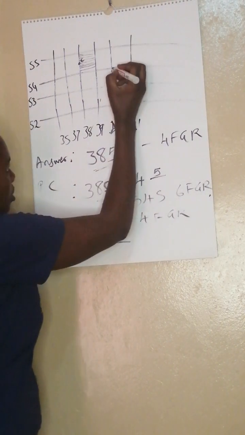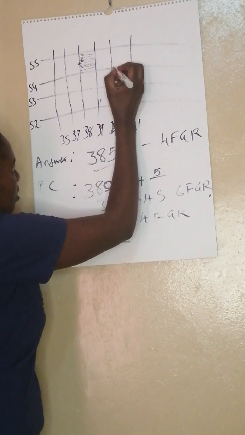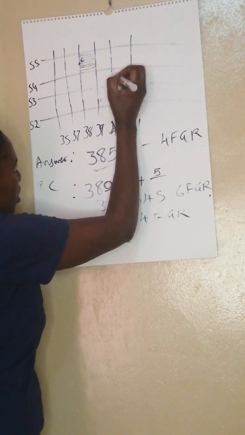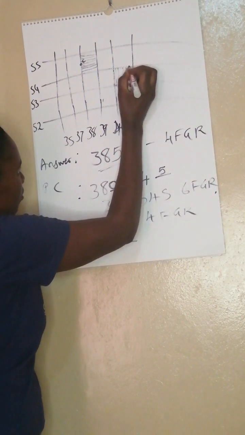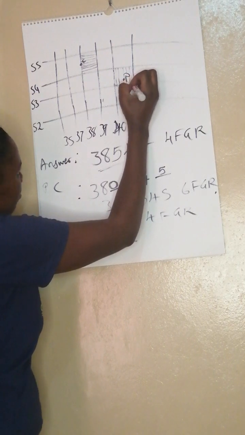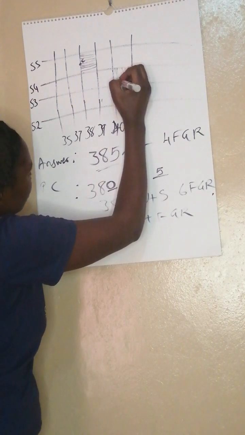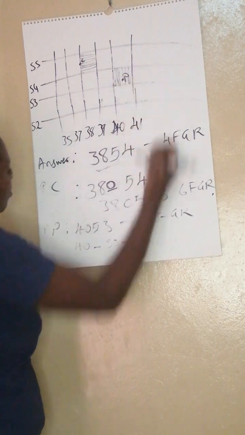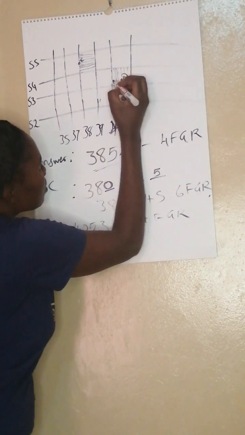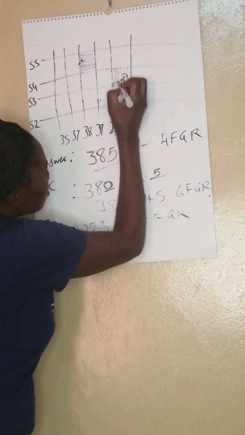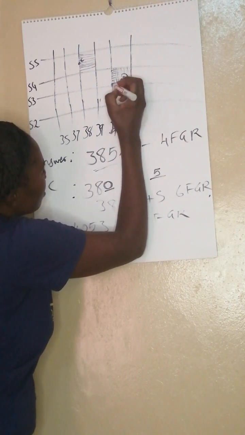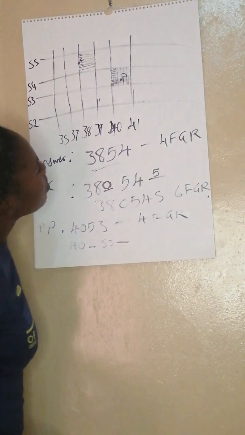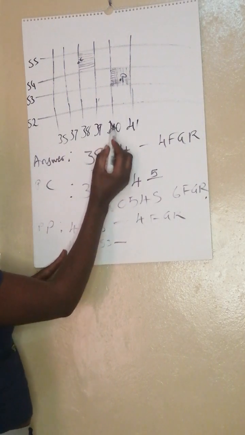So here I'll need the lines horizontal and vertical. So we have 1, 2, 3, 4, 5, 6, 7, 8, 9. Please use a ruler. Then northings, 1, 2, 3, 4, 5, 6, 7, 8, 9. So for eastings, I have 40.